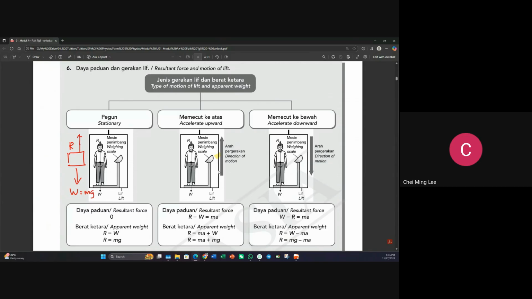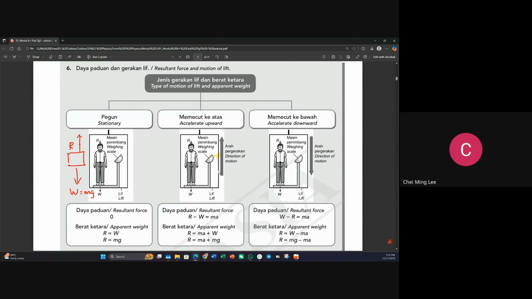Now let's say you are 100 kg and you want to show that you only have 50. Then you weigh yourself when the lift moves downward. Don't press the wrong button: when you are on level 5, don't press level 6 and then stand on the scale.